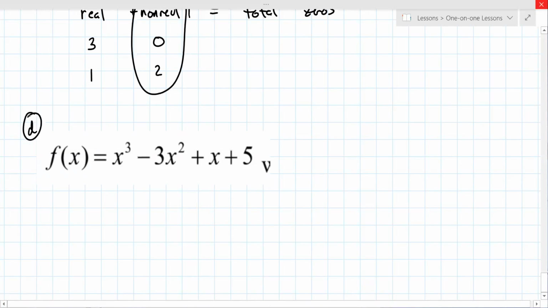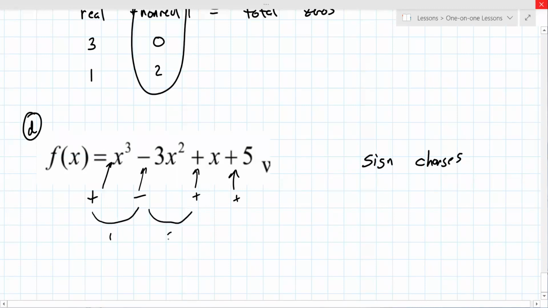Anyway, part D. Okay, positive zeros. So you're looking for sign changes. And you might be thinking, what do you mean by a sign change? Well, this is positive right here. This is positive. This is negative. I know it's a subtraction. This is positive, and this is positive. So what's a sign change? That's a sign change, so that's 1. That's a sign change, that's 2. That is not a sign change because it stays positive to positive.